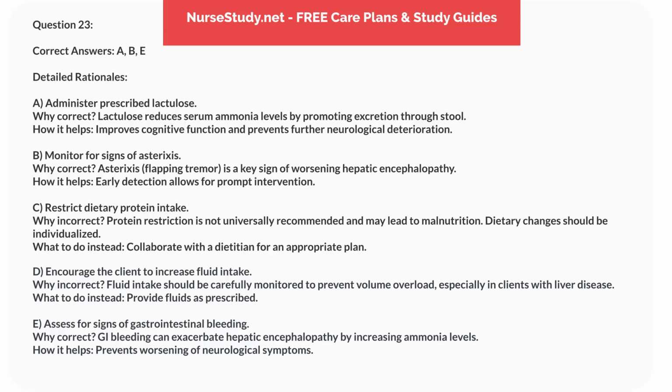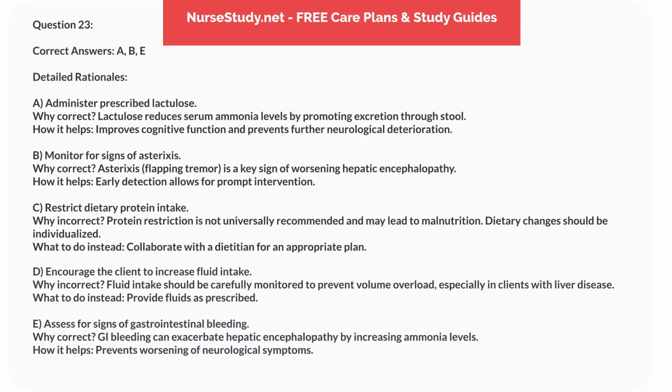C. Restrict dietary protein intake. Why incorrect? Protein restriction is not universally recommended and may lead to malnutrition. Dietary changes should be individualized. What to do instead: collaborate with a dietitian for an appropriate plan. D. Encourage the client to increase fluid intake. Why incorrect?